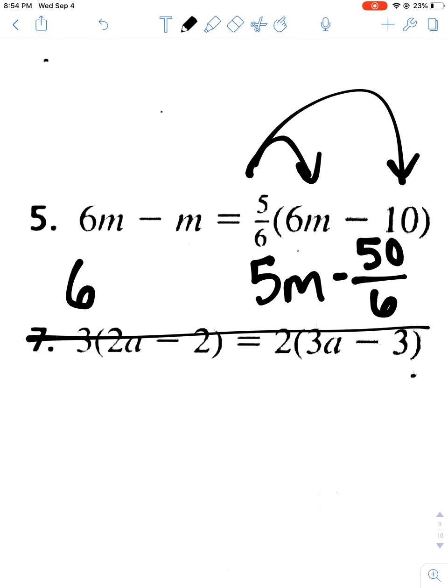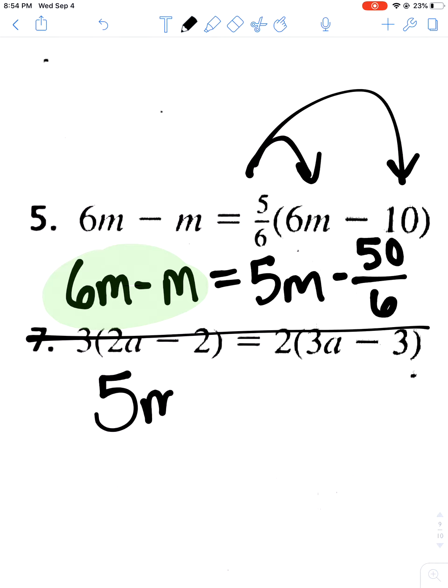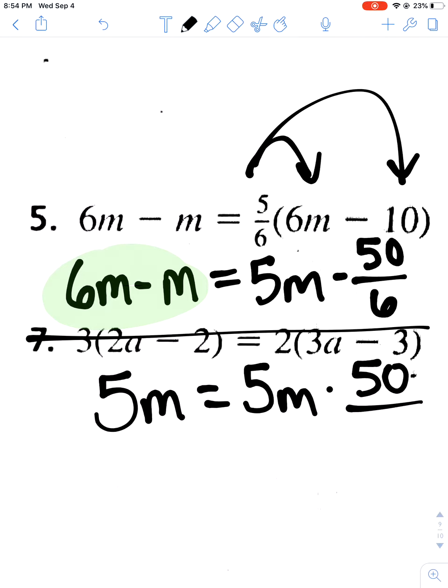So on this side, I've got 6m minus m. So I've got to combine my like terms. Well, these are like terms. They're both m's. 6m minus m is 5m. But now I need to get some more like terms together. So I've got to move my 5m's.